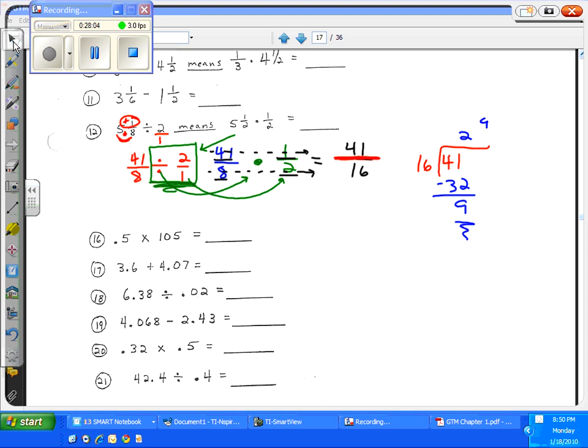You put your remainder 9 over your divisor 16, and so we have 2 and 9/16. Any questions on number 12? To divide by a fraction, you multiply by its reciprocal. Or reciprocate and multiply, I say sometimes.